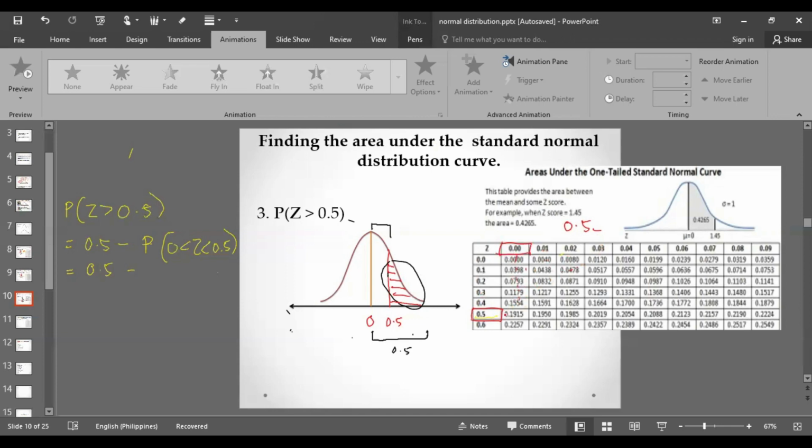Look for the intersection. It's 0.1915. Then just get the difference. 0.5 minus 0.1915 is equal to 0.3085. Therefore, the area of this shaded region under this standard normal curve is 0.3085. That's it for example number 3.